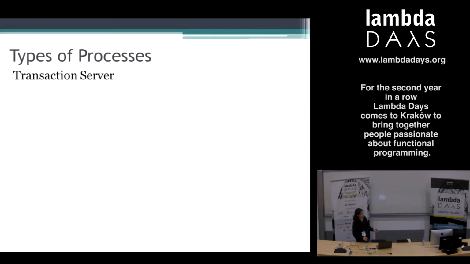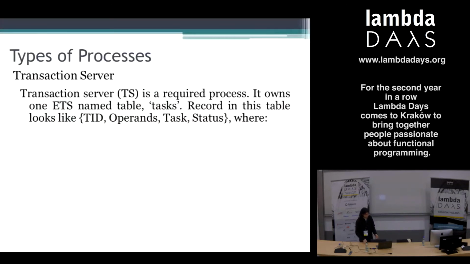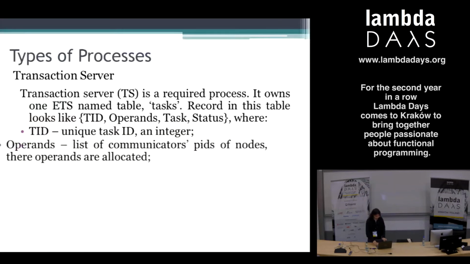So transaction server, because you know we have to track our tasks. Transaction server is a required process on master node. It owns by default 1 named table, tasks. A record in this table looks like TID, stands for task ID, operands, task, and status, where TID is a unique task ID, it's an integer.